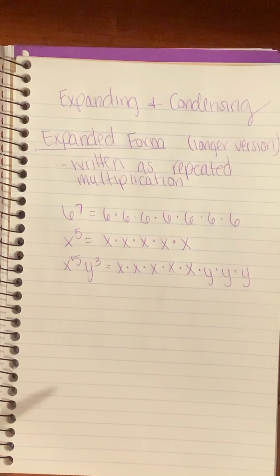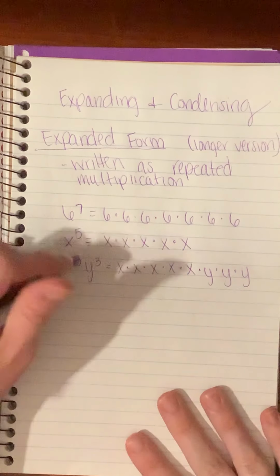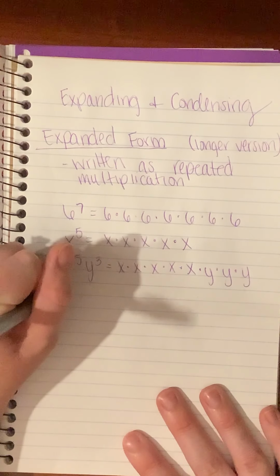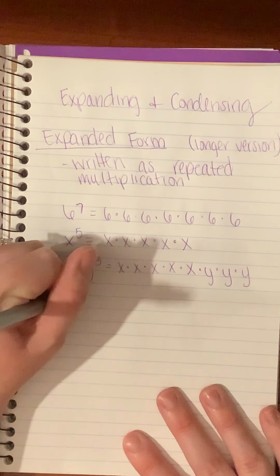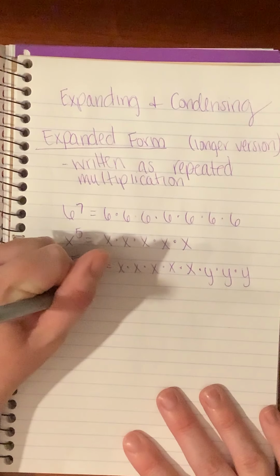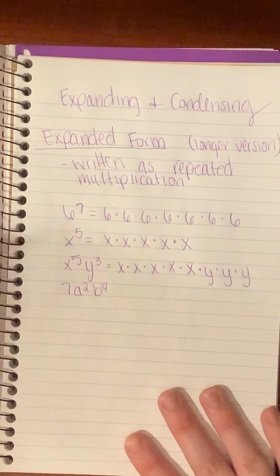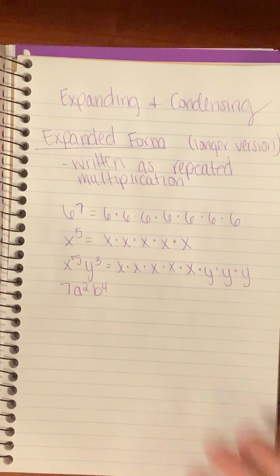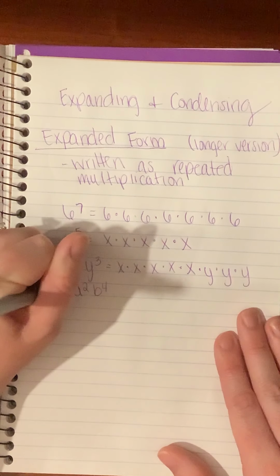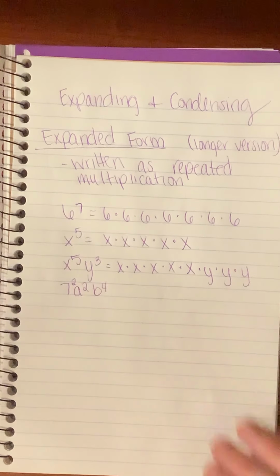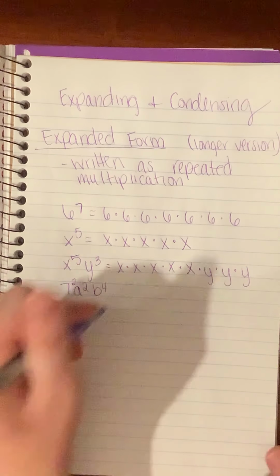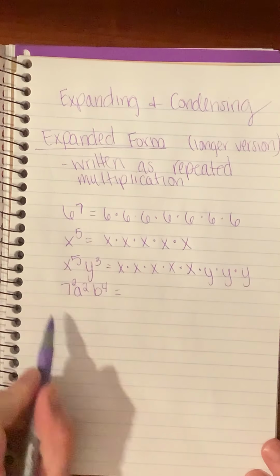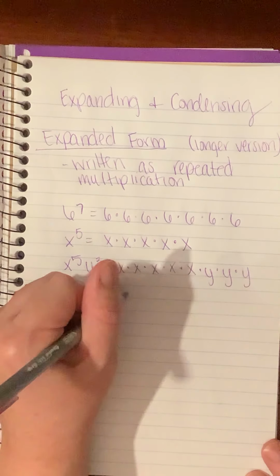You may even see an example that might have a number involved. So if I have something that looks like 7 squared, a squared, and b to the 4th power, okay, well, my base 7 has a power of 2.